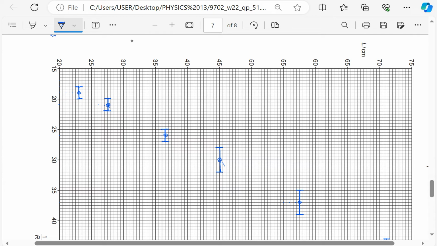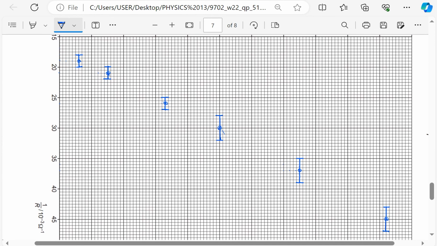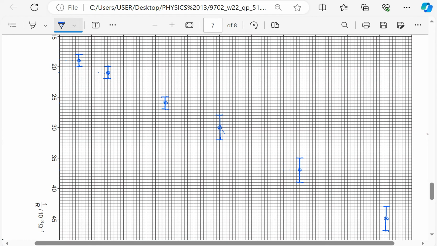The other one was 26 on the x-axis against 36.5, which is correct. 30 on the x-axis against 45, which is correct. Then the other one was 37 against 57.5. So it means there's no problem. So I have to try my level best and balance these points.